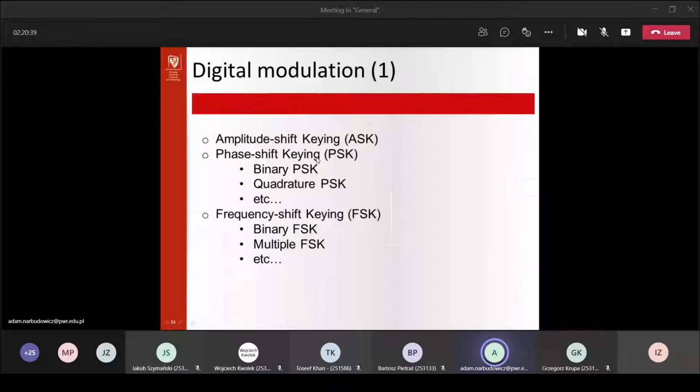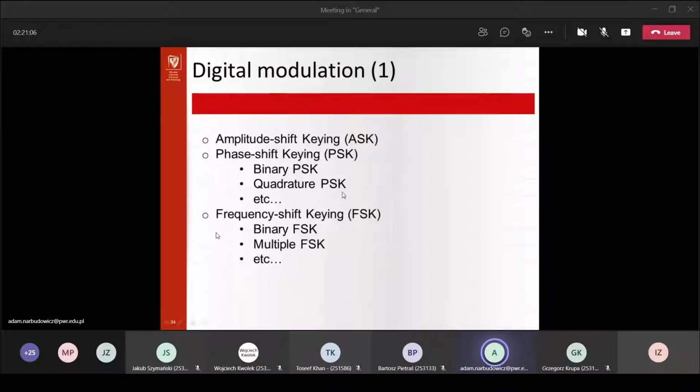So you get the phase shift keying and the frequency shift keying. In the case of phase shift keying, we can speak about binary PSK. Binary simply means you have 2 values of your phase. One stands for 0, one stands for 1. This is basically positive and negative, so +1, -1. And that encodes 1 bit.